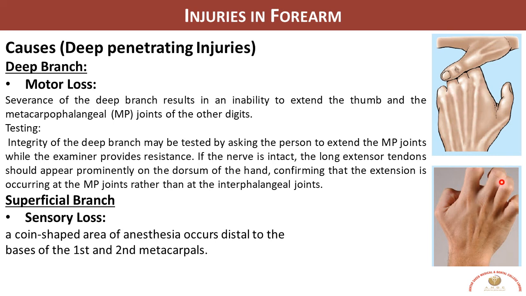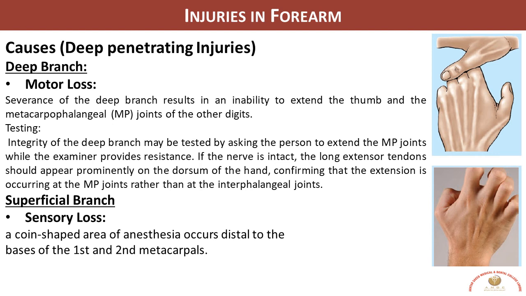Here you can see the person extending the metacarpophalangeal joints, but the resistance is provided from the upper surface. The long extensor tendons should appear promptly, confirming that the extension is occurring at the metacarpophalangeal joint rather than at the interphalangeal joint, because the interphalangeal joints are under the control of other nerves. So we come to know that the radial nerve is intact.